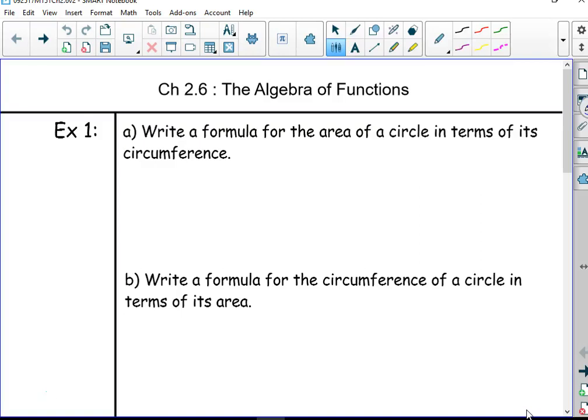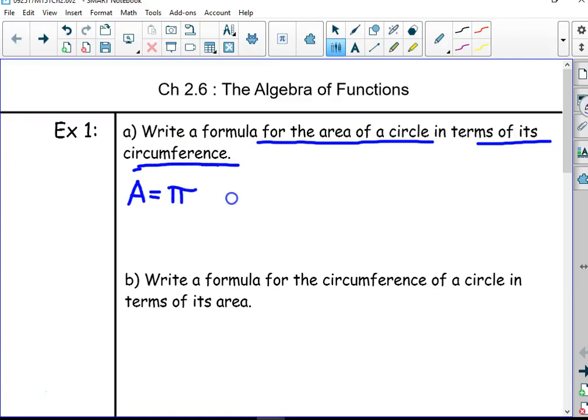It says write the formula for the area of a circle in terms of its circumference. What we do is we start out with the formula for the area of a circle. And we're also going to write the formula for the circumference of a circle, which is 2 pi r.